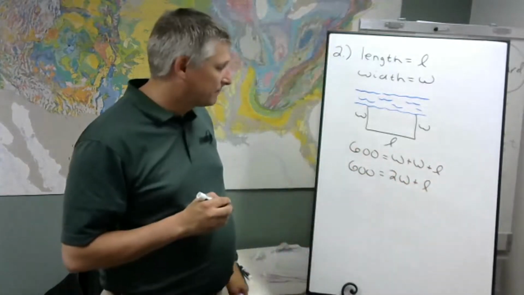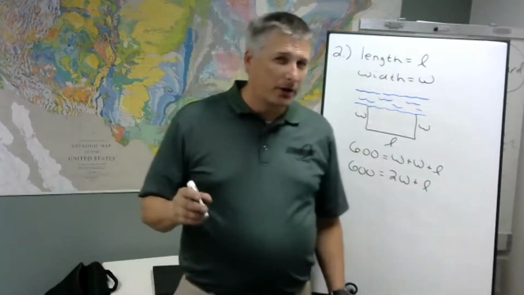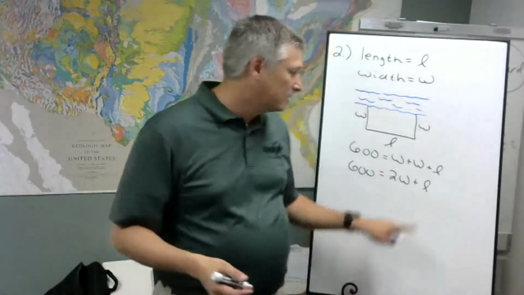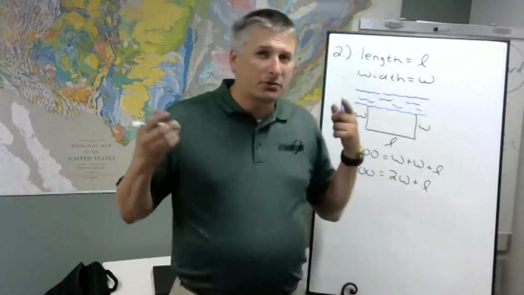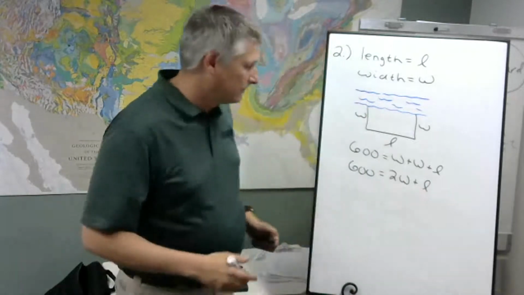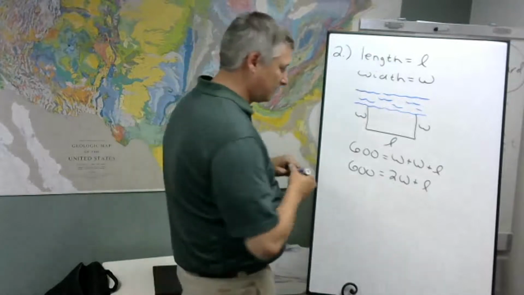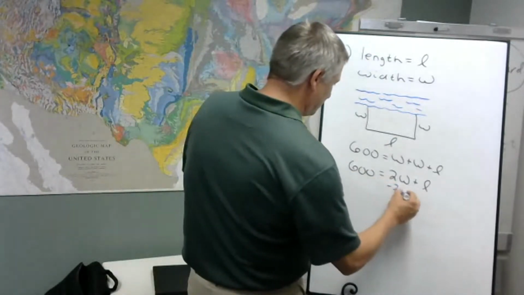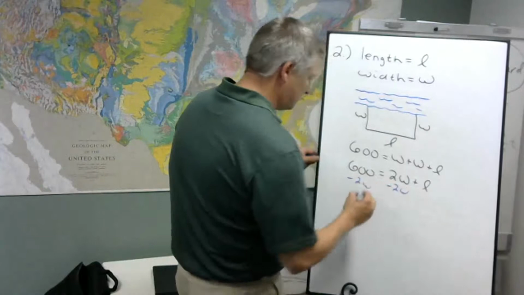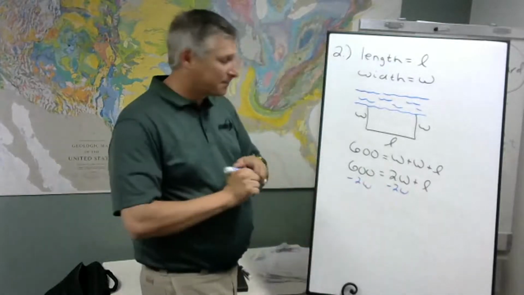That's what we're going to get. And this is where we can come up with a formula for length. We want to describe length in terms of width. Well, all we got to do is solve for length. Subtract 2W from both sides.